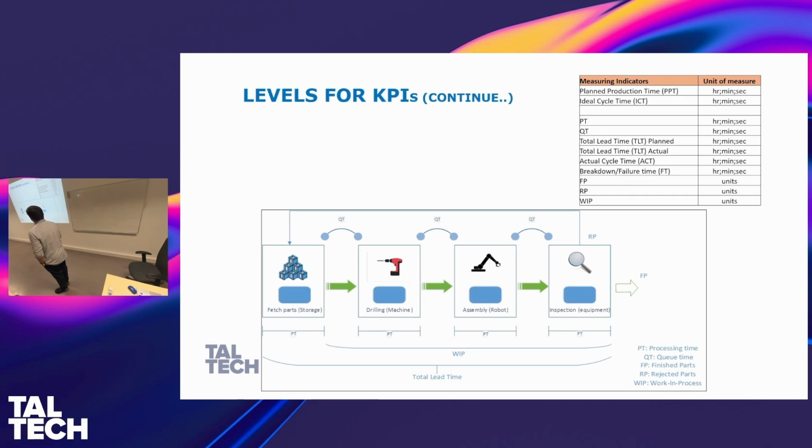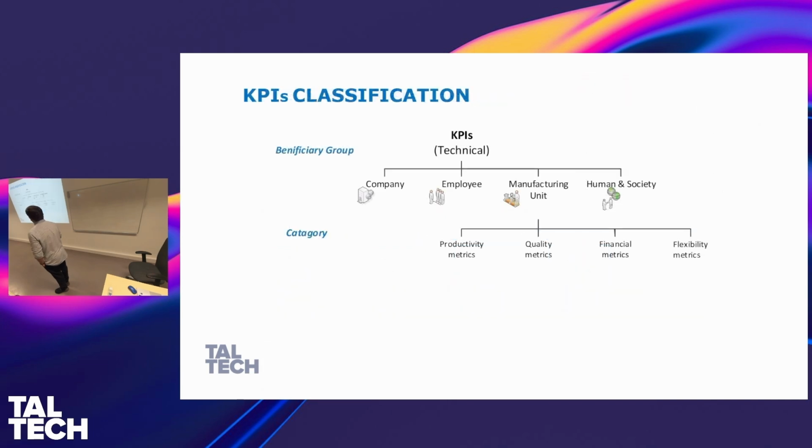Again, here is some classification of how the categories of KPIs can be seen, because if I would like to evaluate a production line, I must know my goal, what I would like to do. Either I'm working on the capacity, or I would like to increase the throughput, or I'm working on the quality of the product.